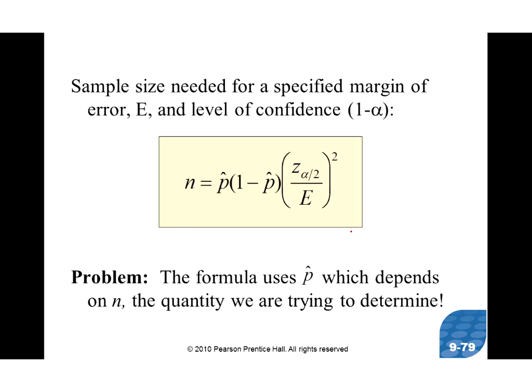This formula is n equals p hat times 1 minus p hat over z of alpha over 2 divided by e, squared. Okay?